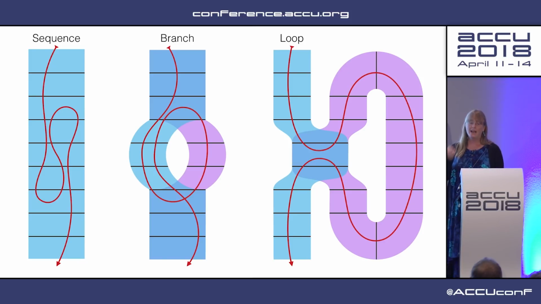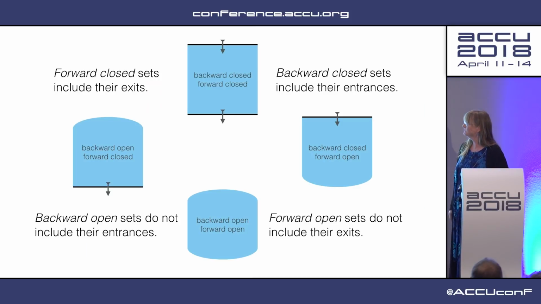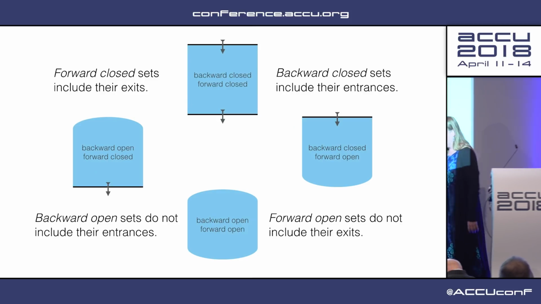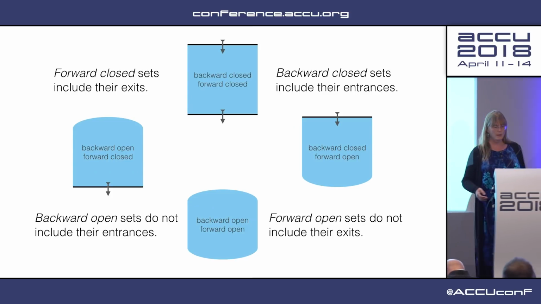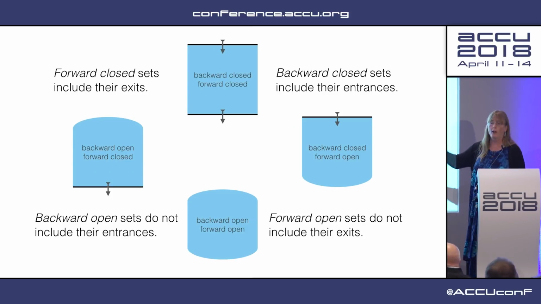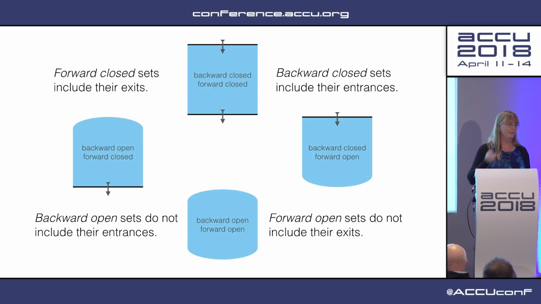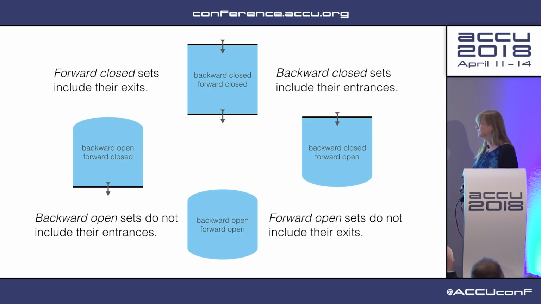We make a bitopological space. And a bitopological space has four kinds of meaningful sets. They can be forward closed or forward open. They can be backward closed or backward open.